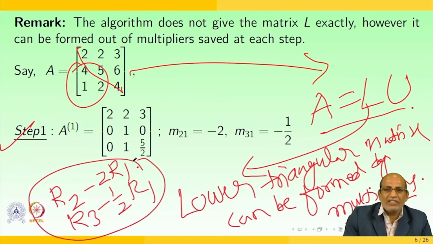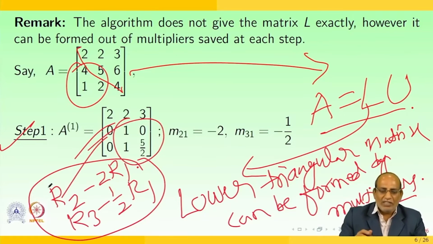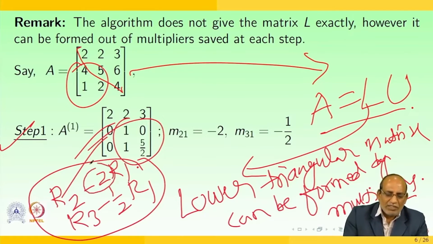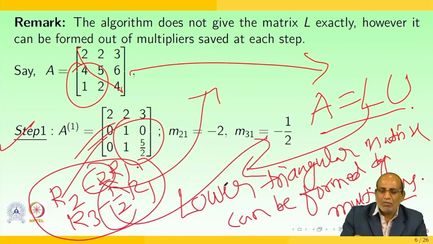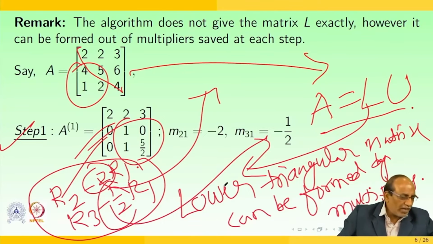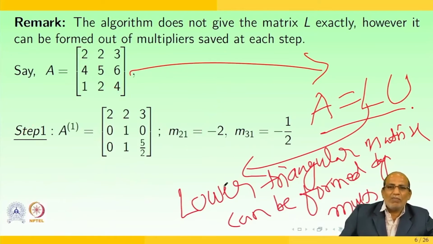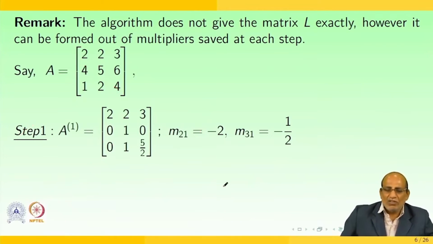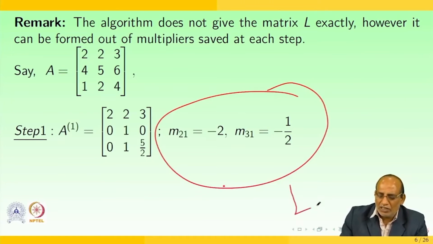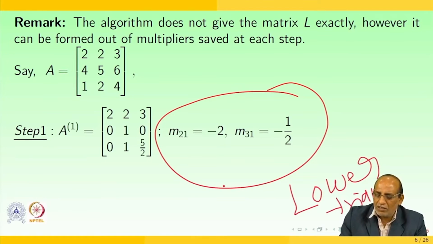If you apply these two operations, these entries become 0, and accordingly the other elements keep changing. So the multiplier here is minus 2, and this one is minus 1 by 2. These multipliers will help us find the lower triangular matrix.